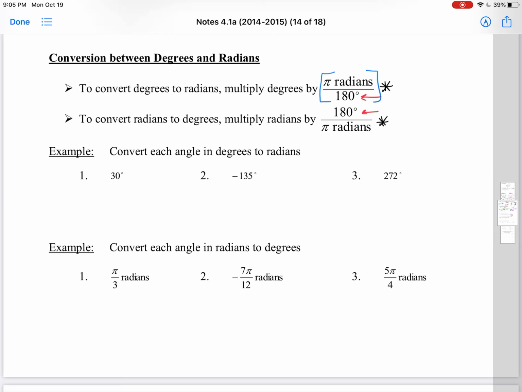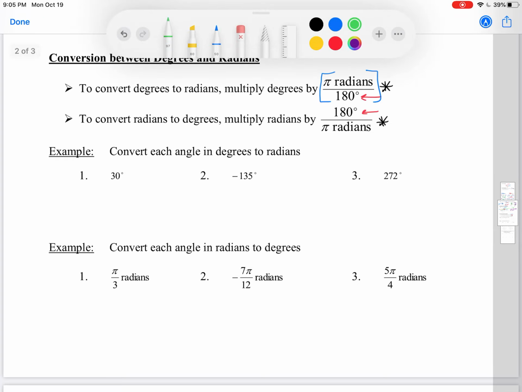So go ahead and take a look at these functions. All right. And then take a look at these examples. So the first function says to convert degrees to radians. You're going to multiply by pi radians divided by 180 degrees. Well, think about what that's saying for a second. If I had 75 degrees and I wanted to convert that into radians, what's going to have to cancel on the top with my 75 degrees that I also need to cancel down below?